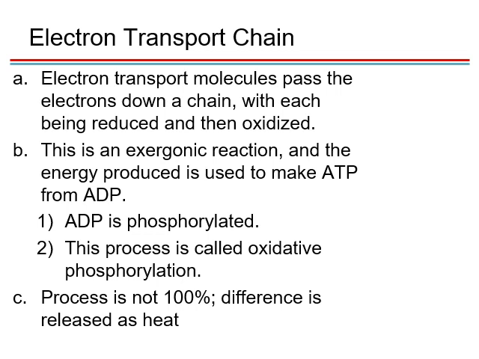All right, so here's where we're going to get our big payout of ATP, and the reason we were reducing those molecules of NAD and FAD is to use them here at the electron transport chain. I'll draw our little mitochondria, which has this inner membrane with all these folds.